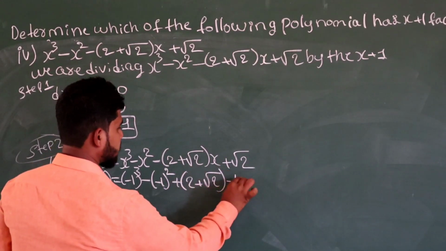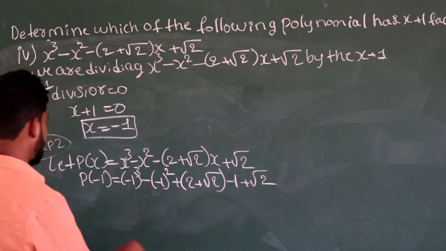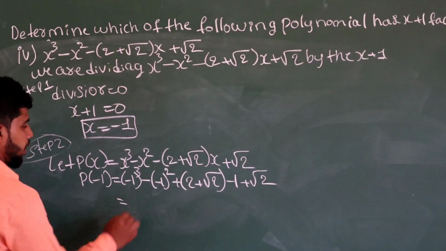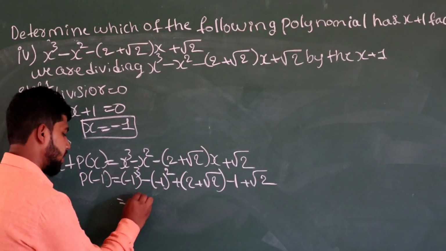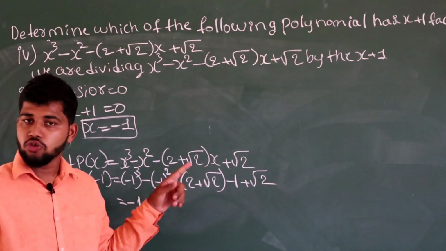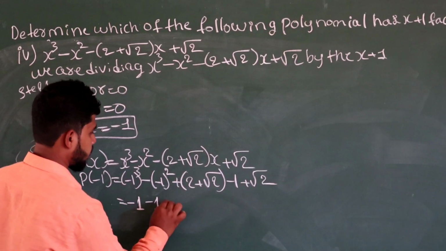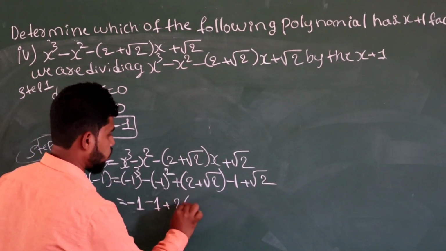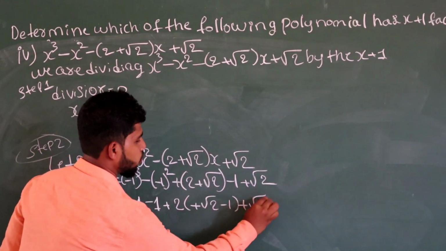Multiplying minus 1 three times, the answer is minus 1. Multiplying minus 1 two times gives plus 1, so minus 1.